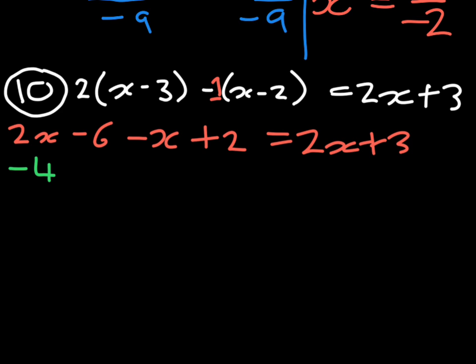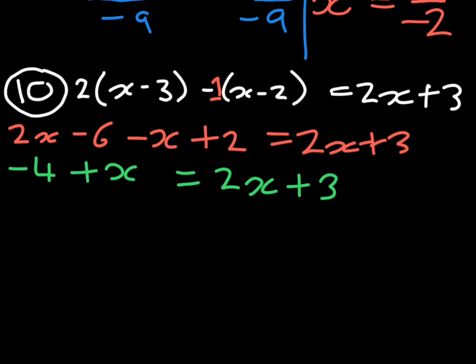The same with 2x and minus x, because those two both have the same variable, we can let them add with each other, and 2x minus x is similar to saying 2 minus 1. So when we say 2x minus x, we will just be left with x. Right, so now we can move over to the right-hand side, where we will have 2x plus 3. As we can see, nothing was able to add up on that side.